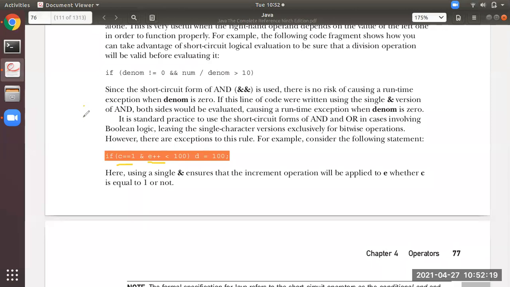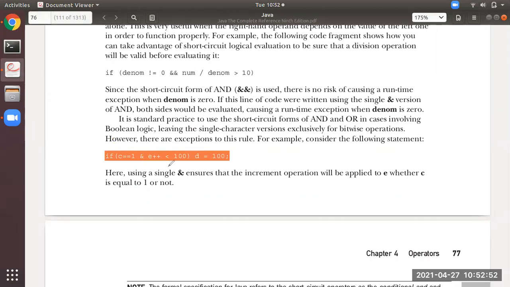So 1 double equal to 1 is true, and it is going to evaluate the incrementation of E. Suppose C is not equal to 1, say C is 2. 2 double equal to 1 is false. Even if C is not equal to 1, it is still going to perform the incrementation of E.